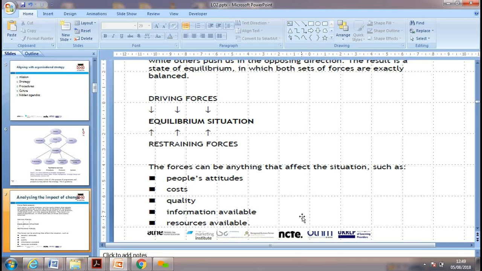The forces can be anything that affects the situation, such as people's attitudes, the cost, the quality, the information available, and resources available. So these are the forces we need to focus on. Any question?